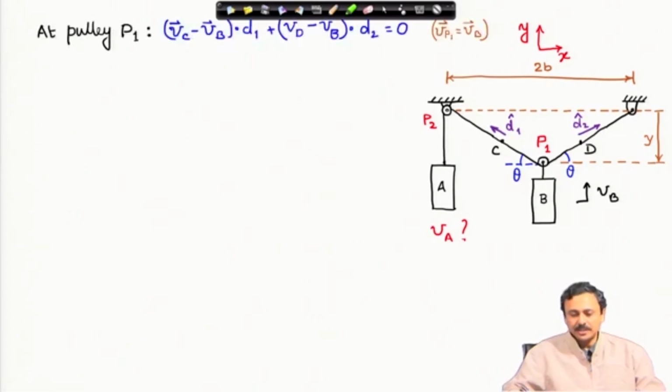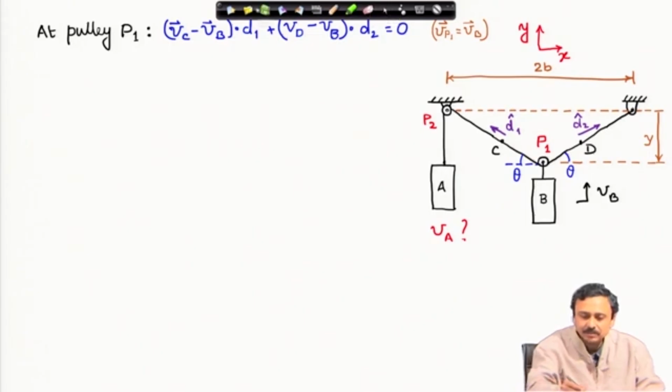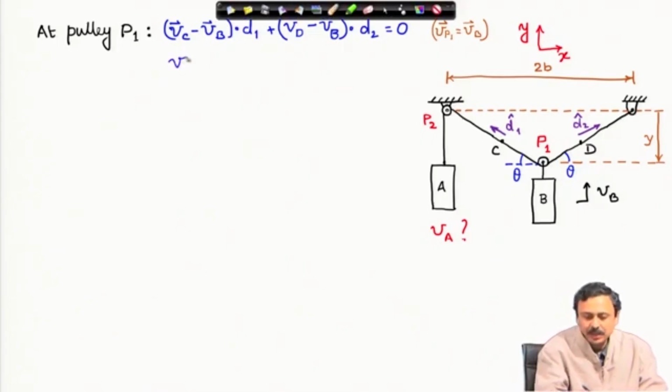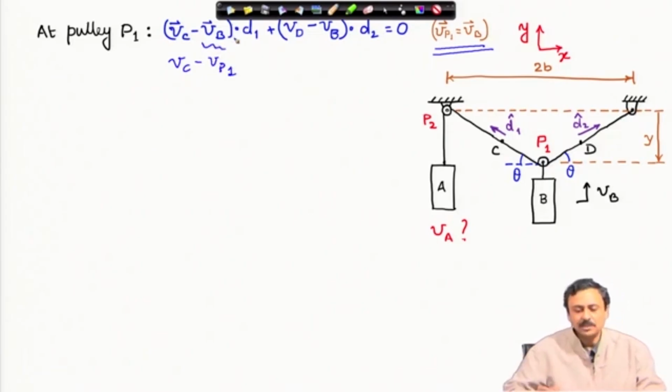With this coordinate system in place, we will write down our relations. Now, at pulley P1, the relative velocity is actually Vc minus Vp1, but remember Vp1 is the same as Vb, therefore I have used Vb in place of Vp1.